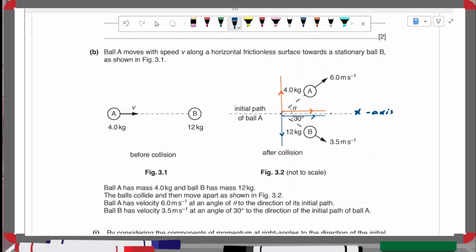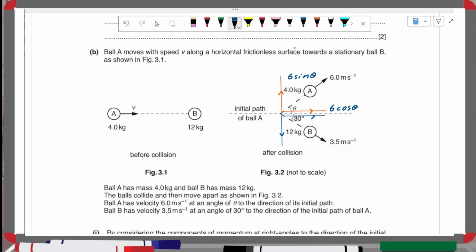The one that is connected with the given angle theta would be 6 cos theta. The one that is connected with the angle goes with the cos. Likewise, the other one would be 6 sin theta.